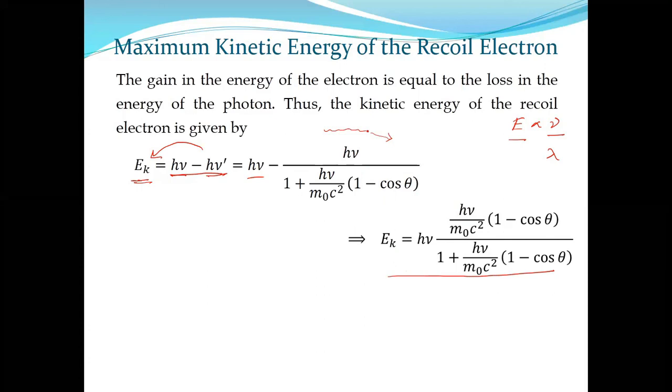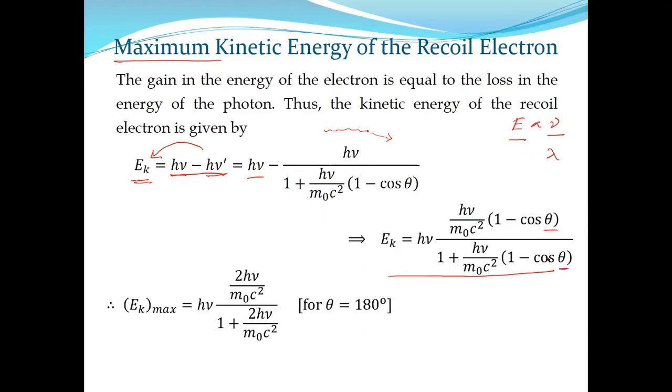Now, this is the expression for the kinetic energy of the electron after the scattering. If the question is to find the maximum kinetic energy, how will you get it? Maximum kinetic energy will occur when theta is 180 degrees. If I put theta equal to 180 degrees, cos theta will be minus 1, so this whole quantity will give you the value 2.